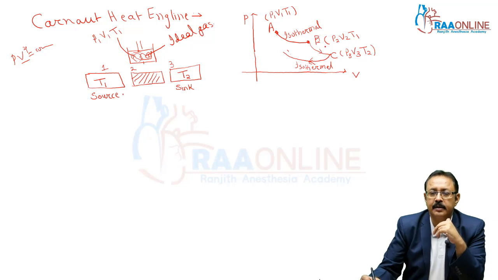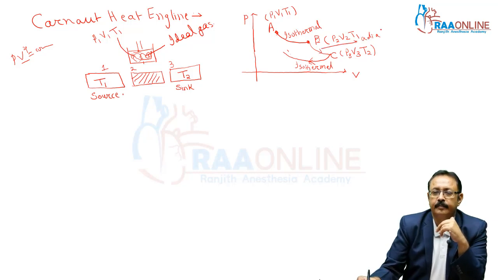And the earlier process was adiabatic. So we came at this point D. Now pressure is P4, volume is V4, and temperature is constant T2.